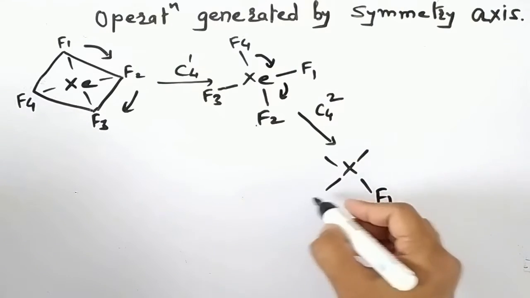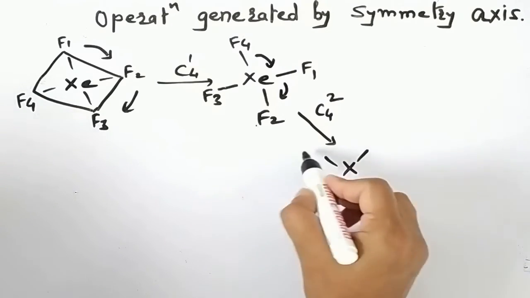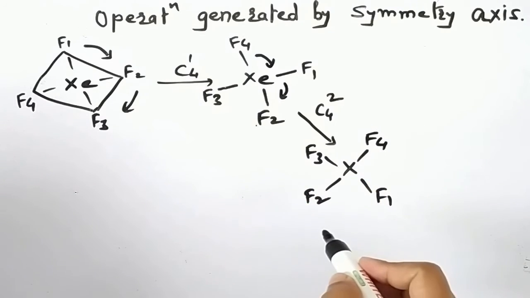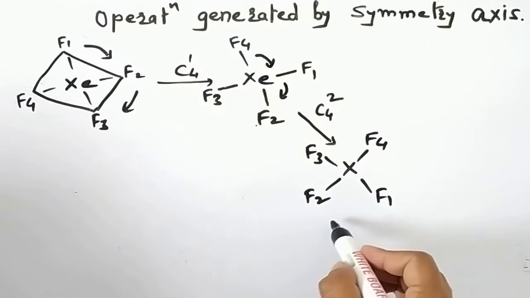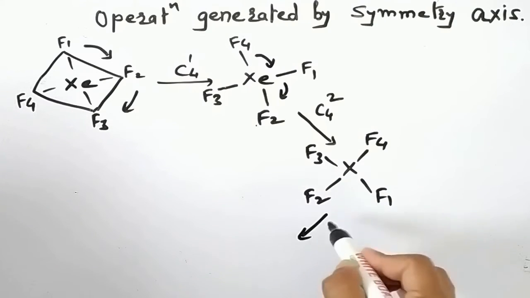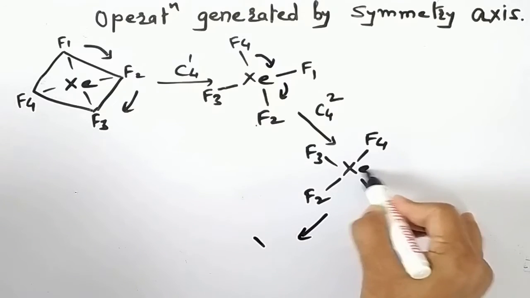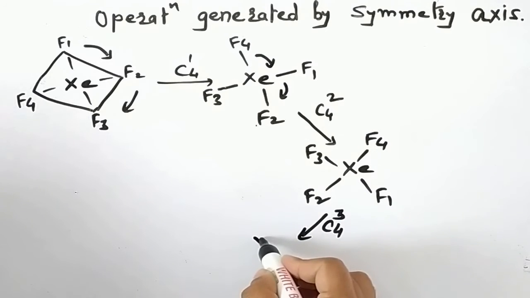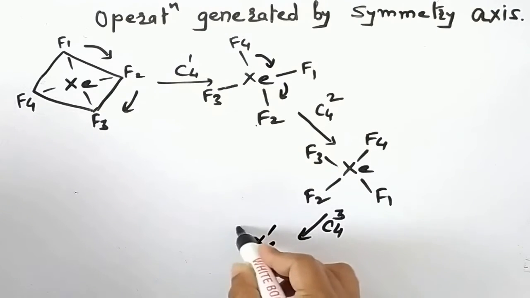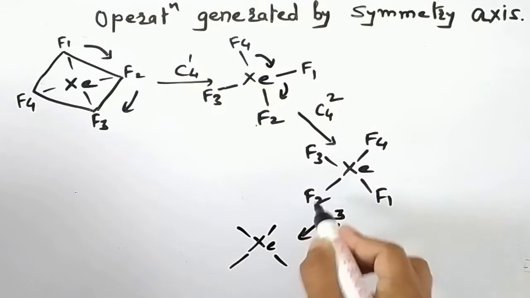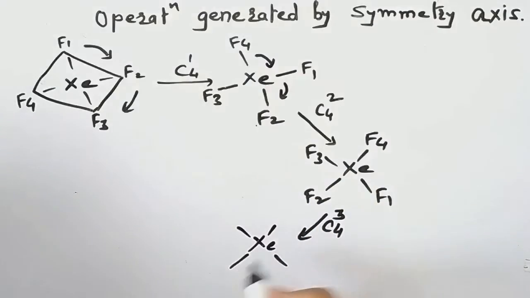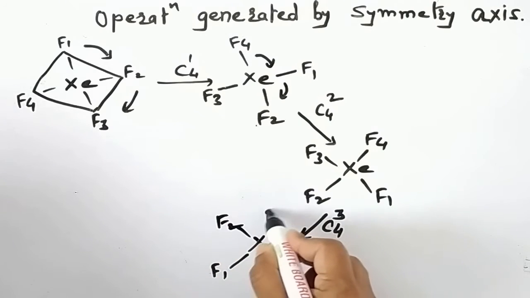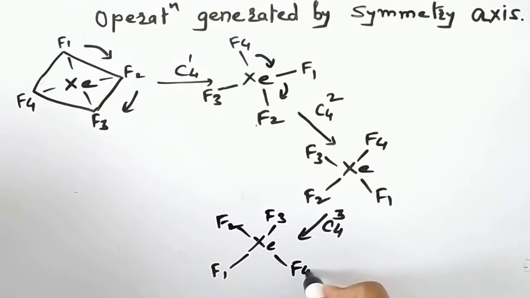So F1 will be here, F2, F3 and F4 at this place. One more time if I rotate, that will be C4 thrice. So let's do C4 thrice. Let us shift clockwise as I said earlier, F1, F2, F3 and F4.